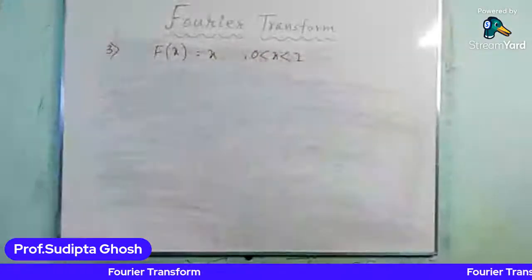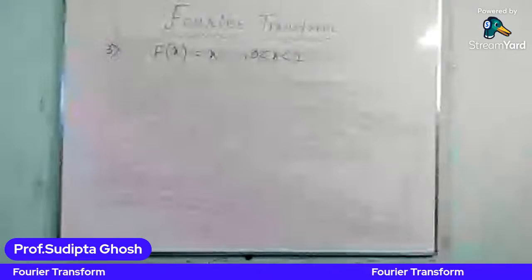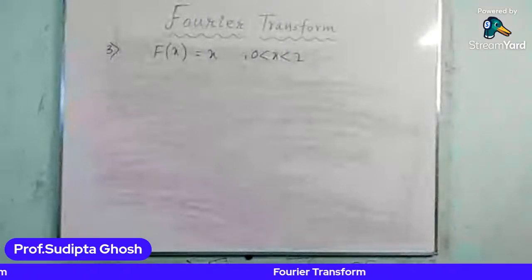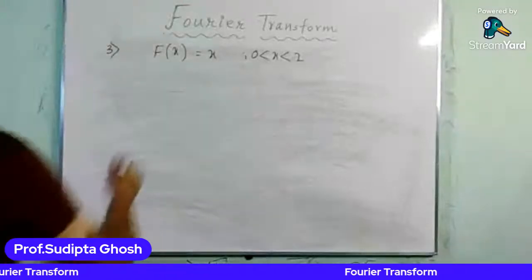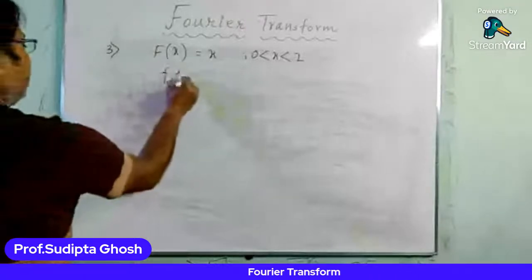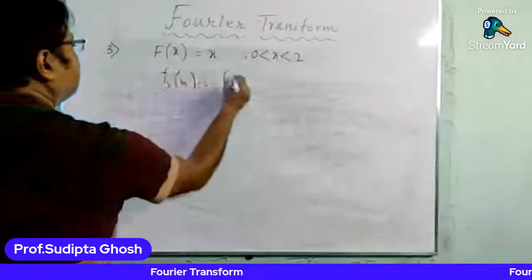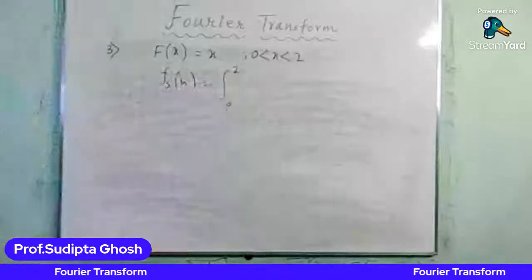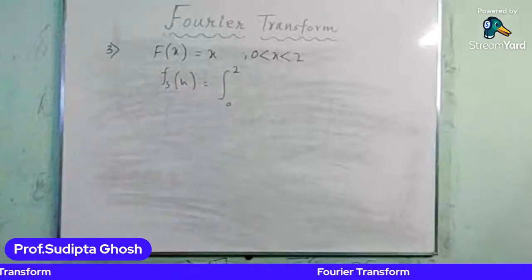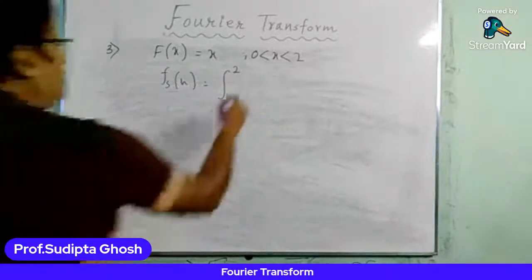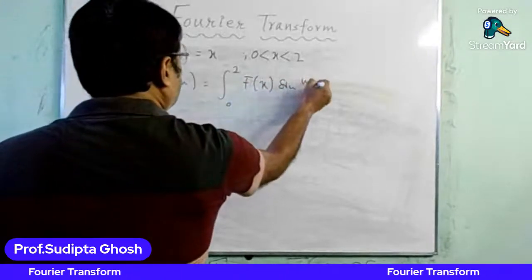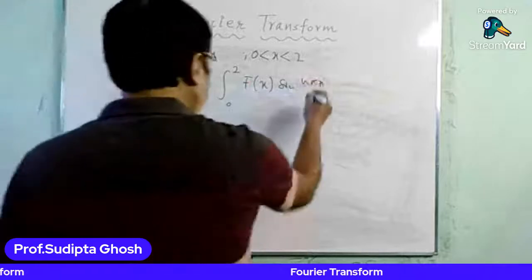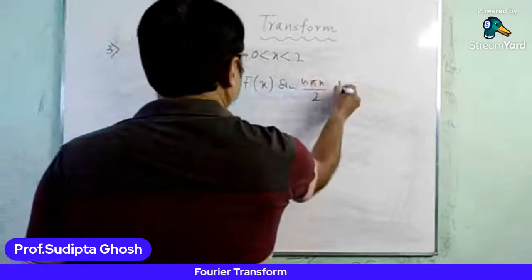So here the range is given, and as you can see, this is definitely a finite Fourier sine transformation. So we have Fs(n) equals integral 0 to 2, that is the limit 0 to L, capital F(x) sine(n pi x by L) dx, and here L is 2.